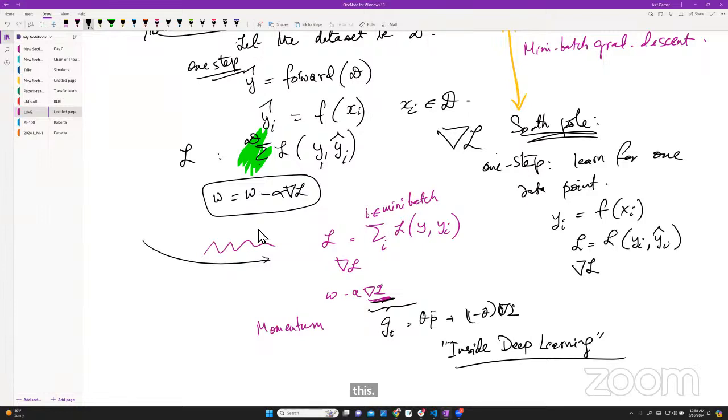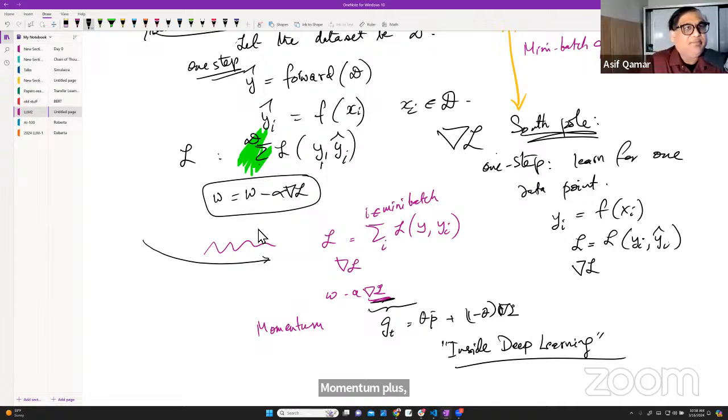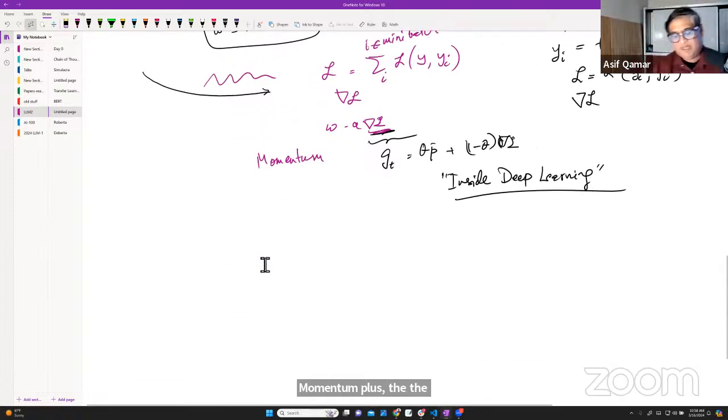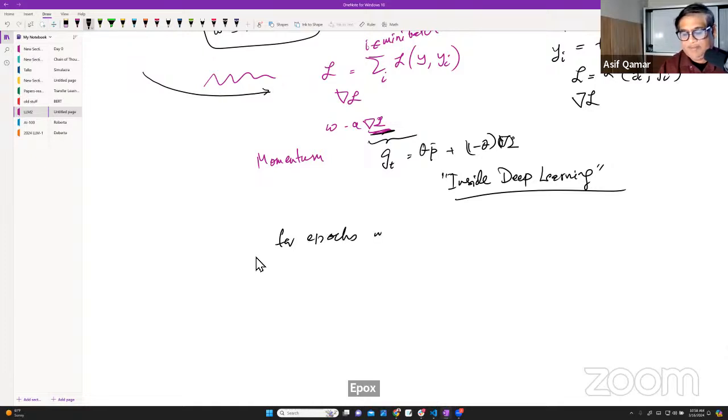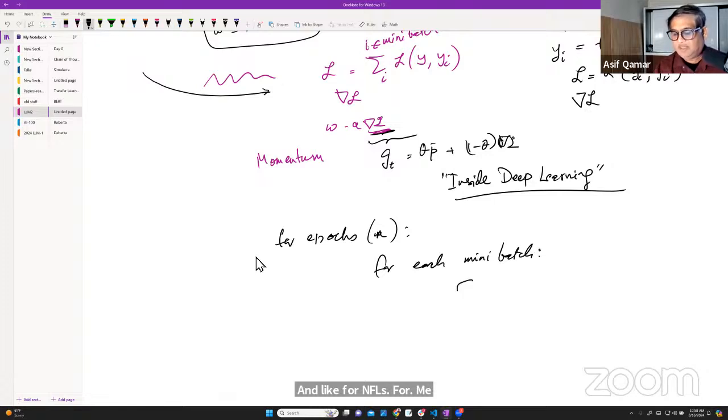So the first step that we take for most problems would be momentum plus stochastic gradient descent, that's right, mini batch gradient descent. If you remember, the code that we went through last week was: for n epochs, for each mini batch, do the inner loop.